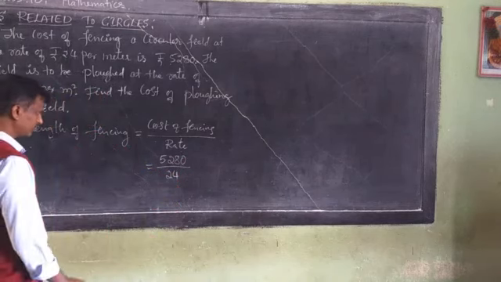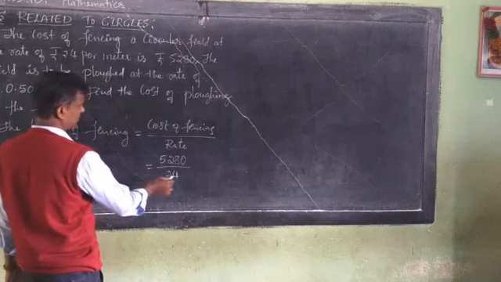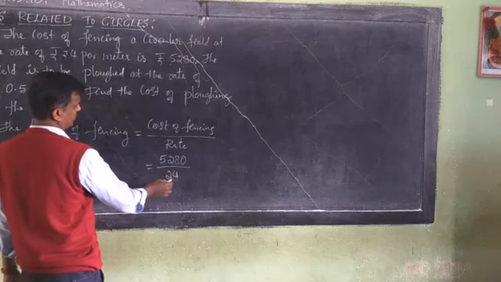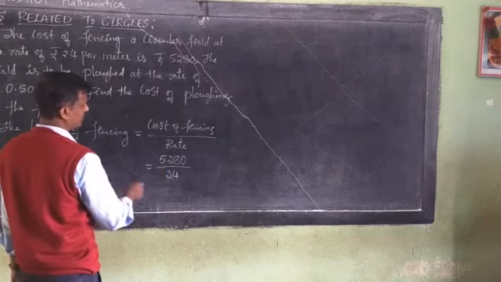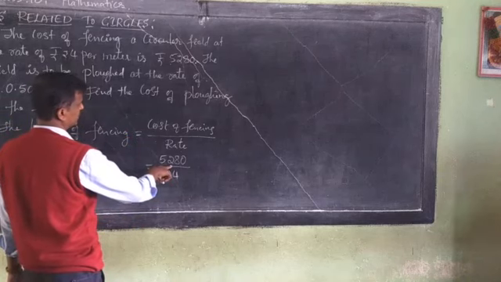24 ones are 24 and 24 twos are 48, 2 is remaining.